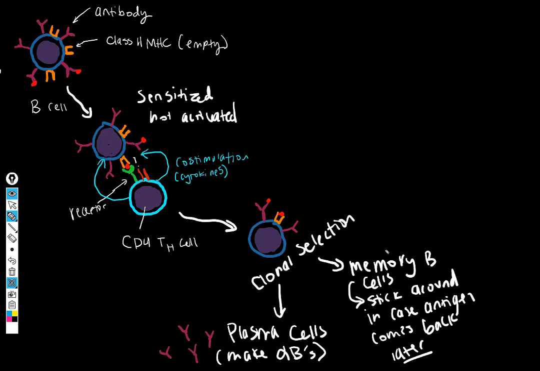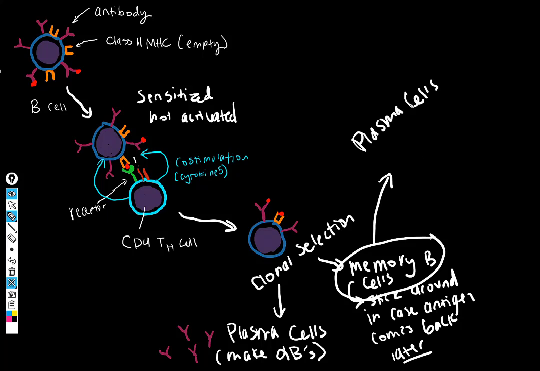So the question was, of these memory B cells, if the antigen comes back a second time, and they initiate clonal selection once more, what does the resulting population of memory cells differentiate into?